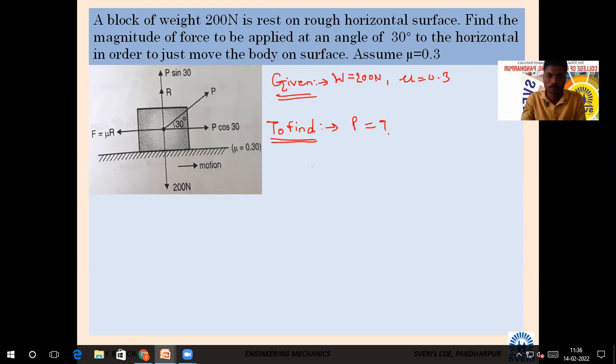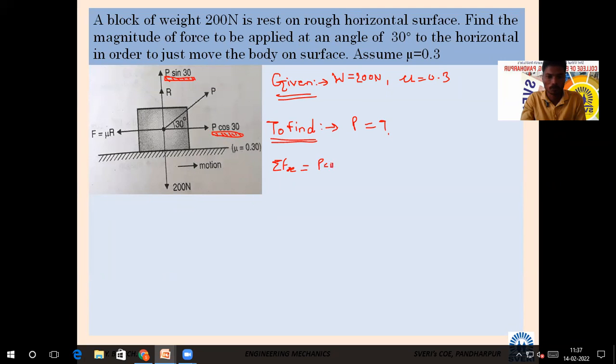Very simple. The force here is resolved. This resolution is already there. Actually it should not be, but it is given. Okay, force P is resolved. All the forces are either horizontal or vertical. The summation of Fx, what will it become?